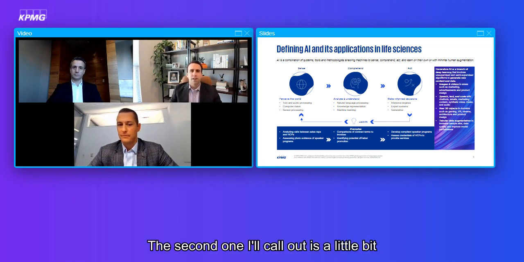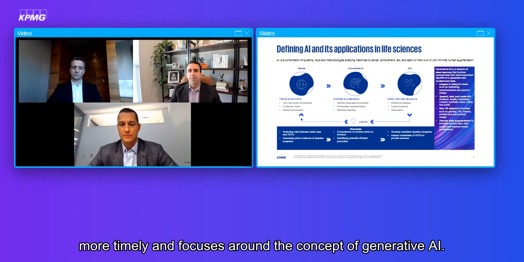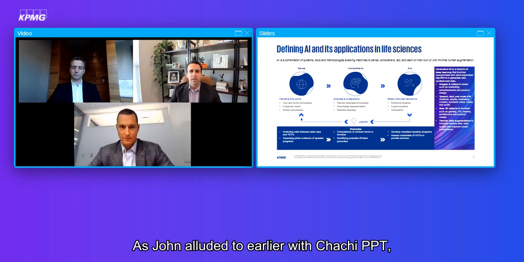The second one I'll call out is a little bit more timely and focuses around the concept of generative AI, as John alluded to earlier with ChatGPT.